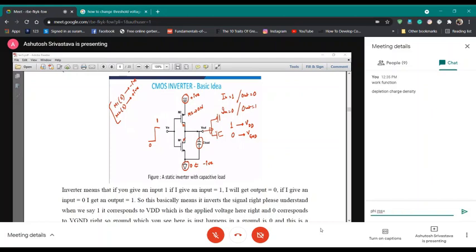Tell us, how can you change or manipulate or control the threshold voltage while fabricating the transistor or the chip? Okay, in other words, would doping concentration change anything?